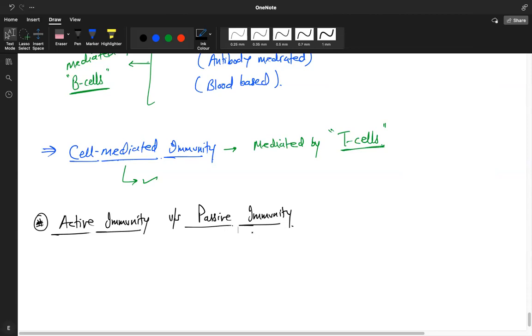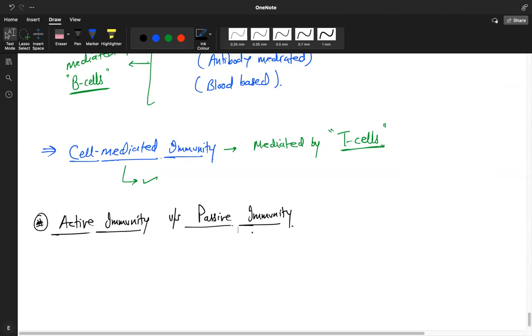Anyone else? What do you understand by active and passive immunity, or do you agree with what Nabil said? Anyone would like to add something? So majorly what Nabil said is true. Active immunity is the type of immunity that is produced inside the host body. And of course, both active and passive immunity work through antibodies.